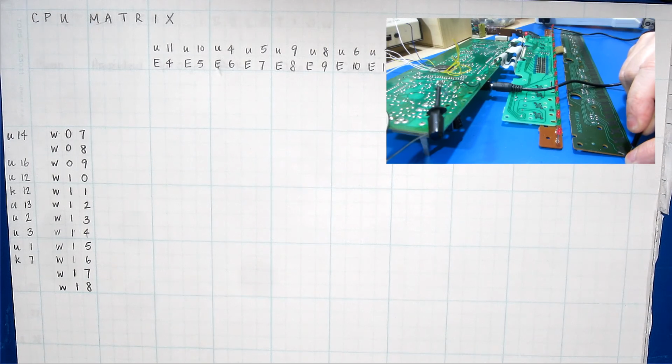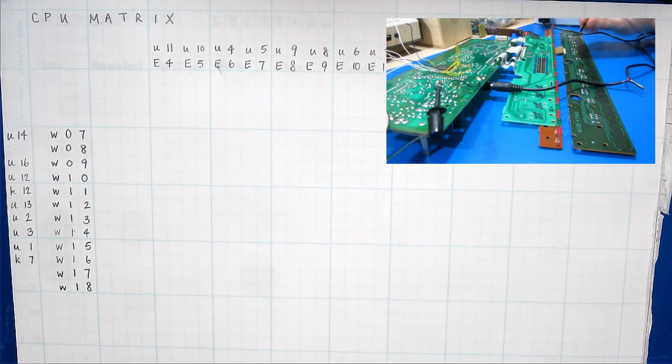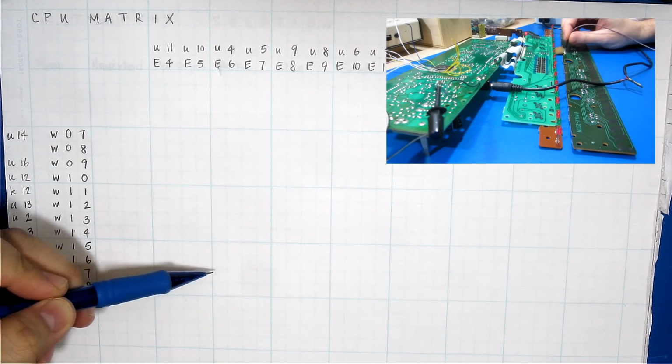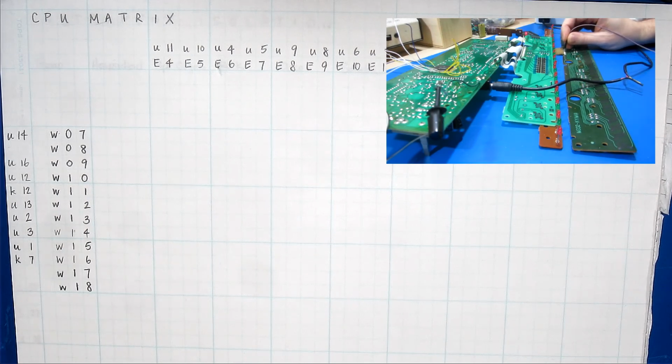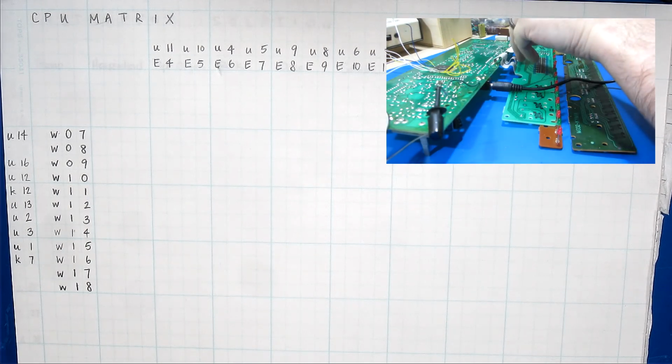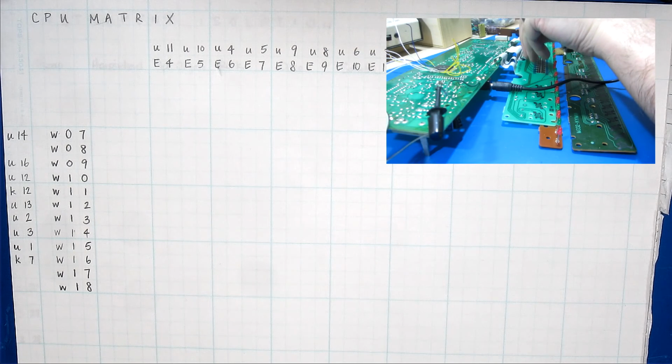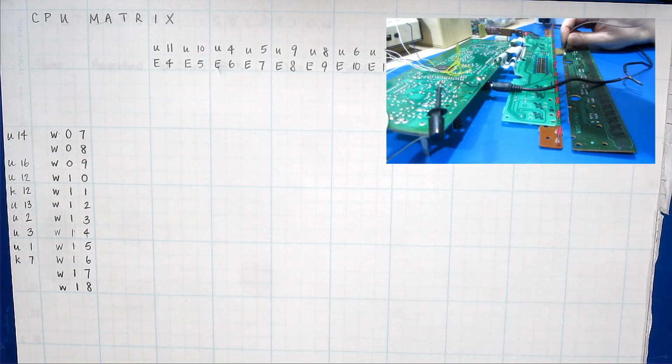Okay. So let's try K7 with U4. 1, 2, 3, 4, 5, 6, 7. 1, 2, 3, 4. Same note.